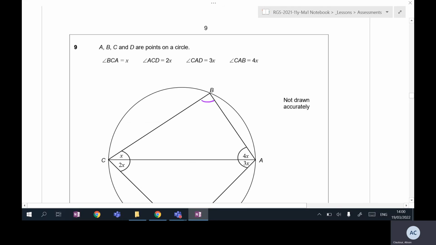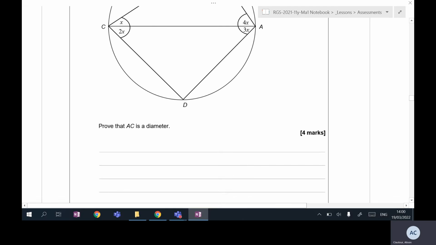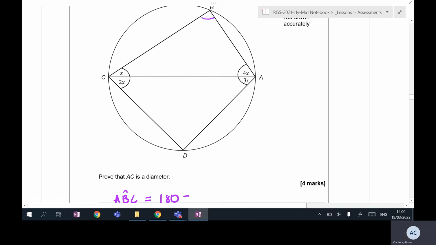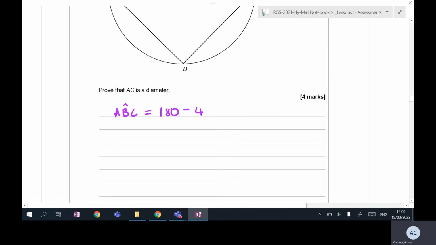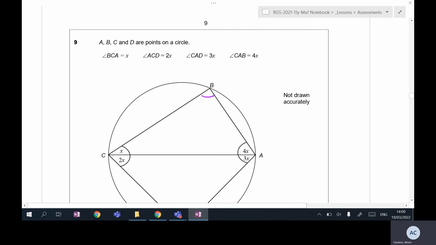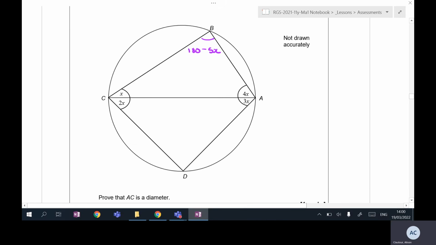So if we think about this angle here, so ABC is 180, and I'm going to subtract the other two angles. So subtract 4x and subtract x, 180 take away 5x. So I don't know how I'm going to use that at the moment, but it's probably going to come in handy.